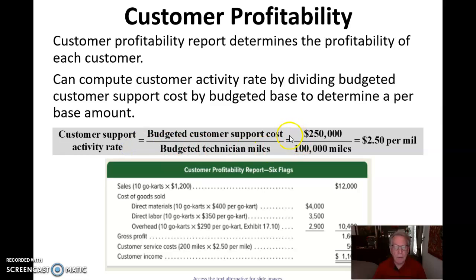We have customer support budgeted at $250,000, and the budgeted technician miles at 100,000 miles. So that's going to give us $2.50 per mile.